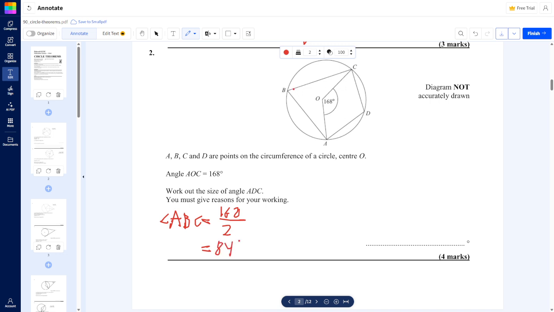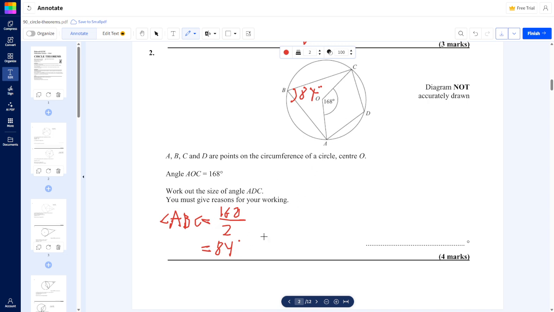So I'll just annotate that here. 84 degrees. Then we can use the fact that this is a cyclic quadrilateral. So the opposite angle, which we're trying to work out, ADC, it's going to be 180 minus 84. Actually, I'm not going to write the reasons because it's kind of hard to write on this tablet thing.